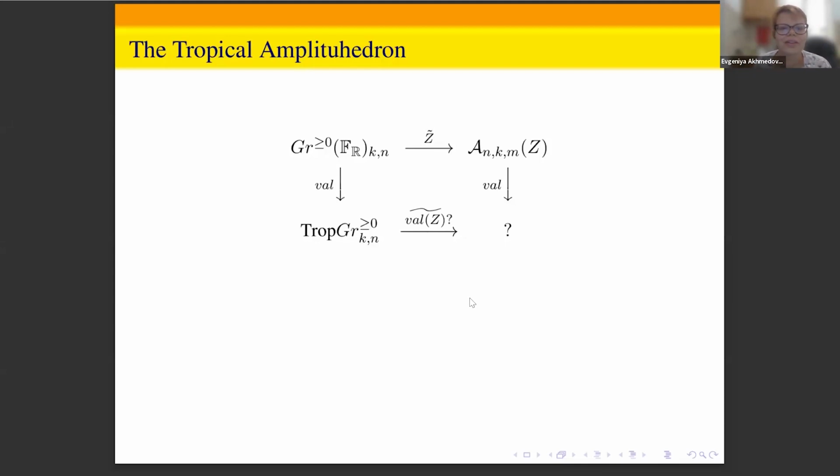We can take valuations from the Amplituhedron and from the non-negative Grassmannian, and we want to define the map from the tropical non-negative Grassmannian to what we want to be the tropical Amplituhedron, so that this map doesn't depend on the top row of this diagram.